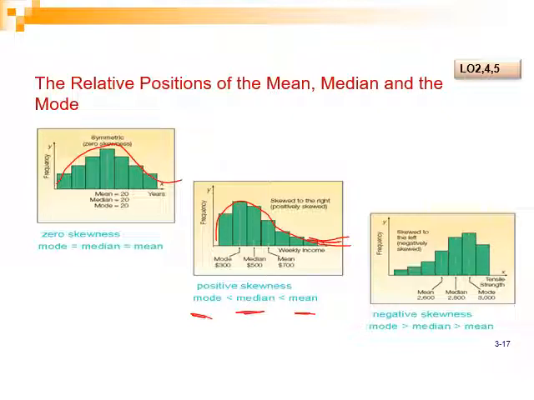But if the median is always in the middle and the mode is greater than the median, and the mean in this case is less than the median, we have a left skew. A left skew means that more data are on the right, and the tail is on the left like this. So this is the relative position of the mean, median, and mode.